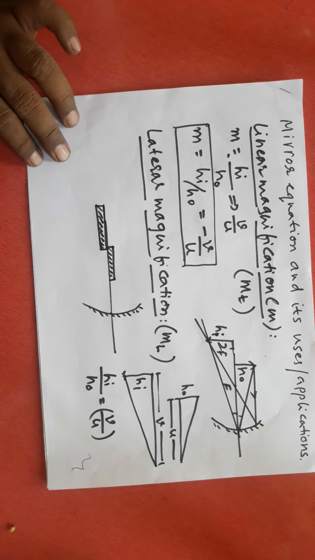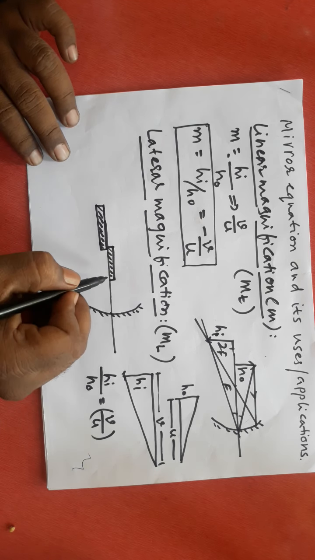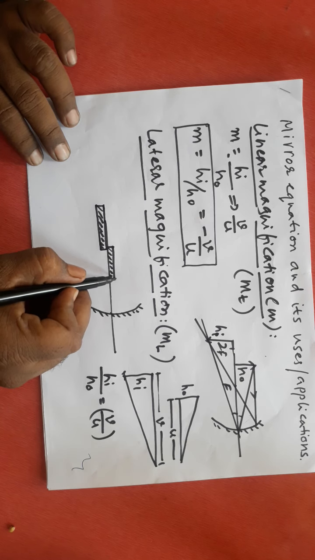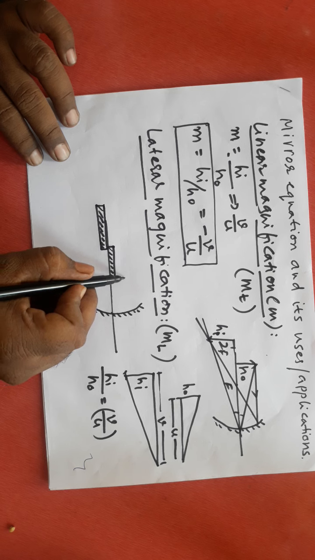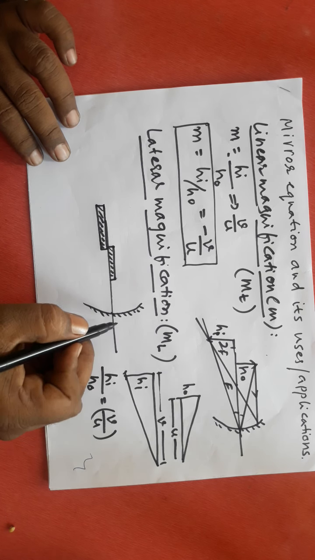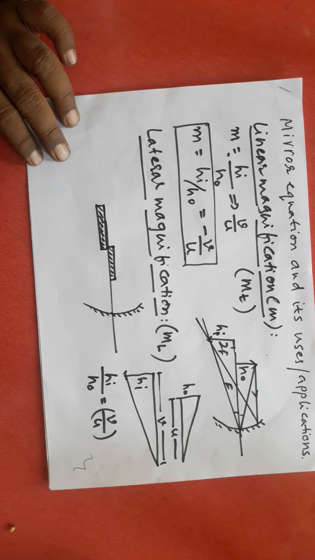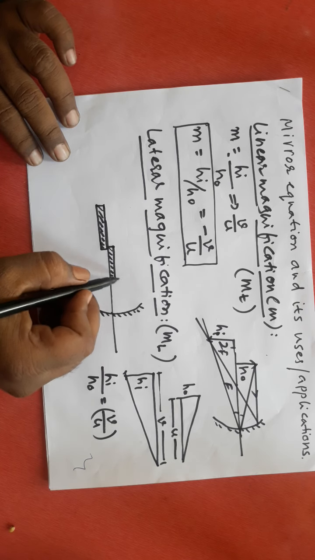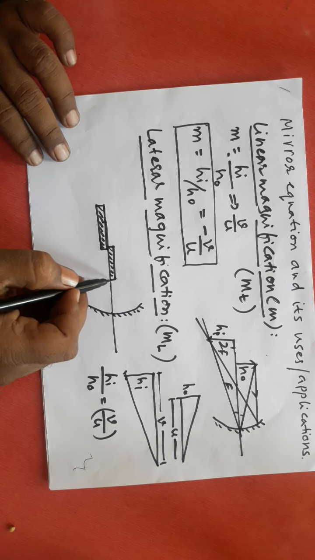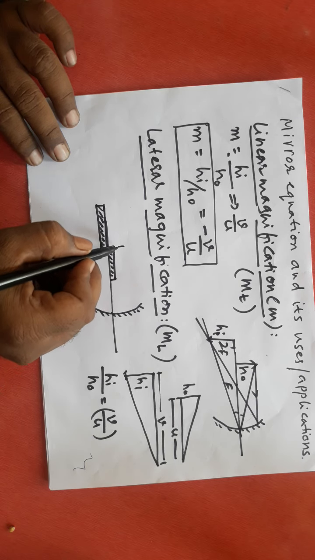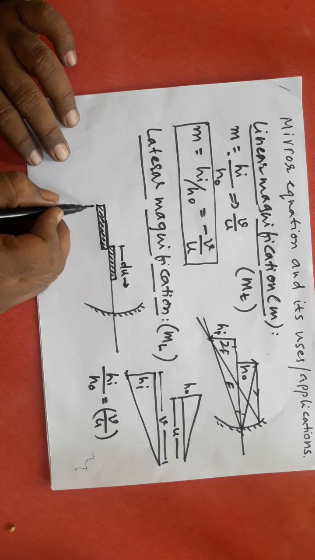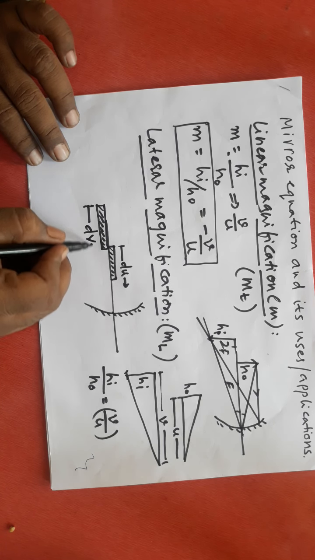This is the image. Then the object distance we cannot take as u here, because the object extends from here to here. If I take this as u1 and this as u2, then I can take the object size as du, or u2 minus u1. Let us take the size of this object as du and the size of this image as dv.